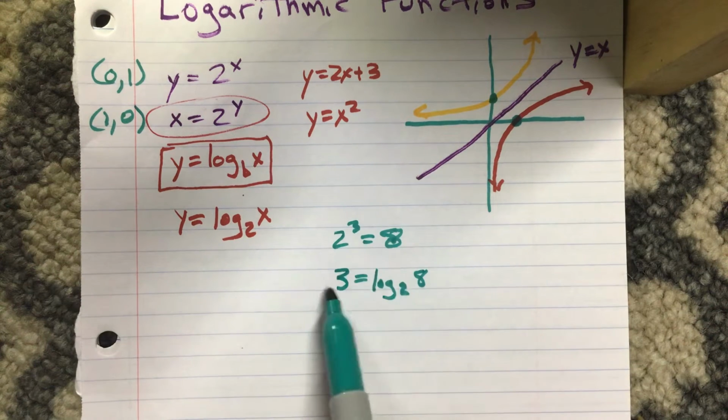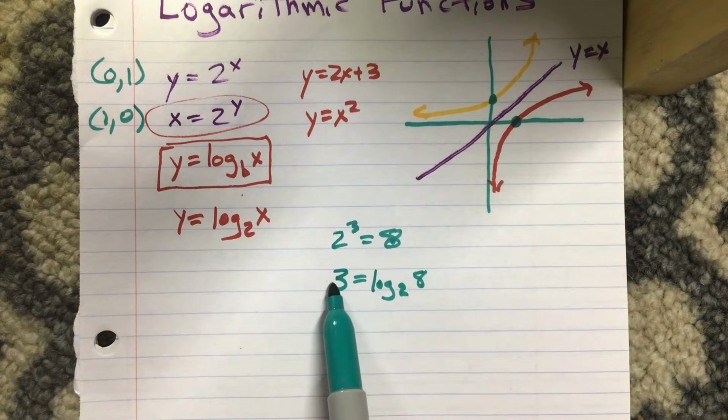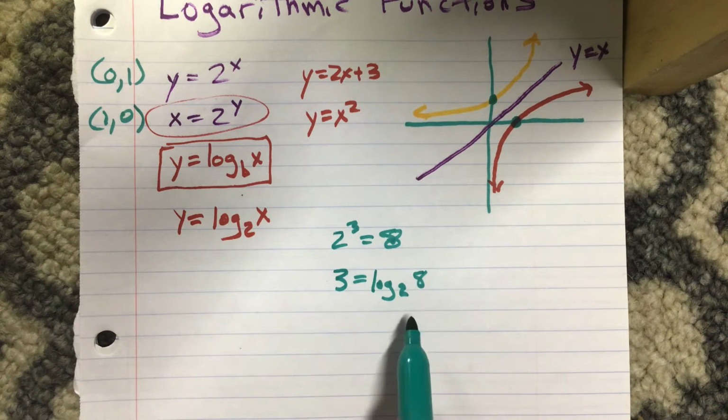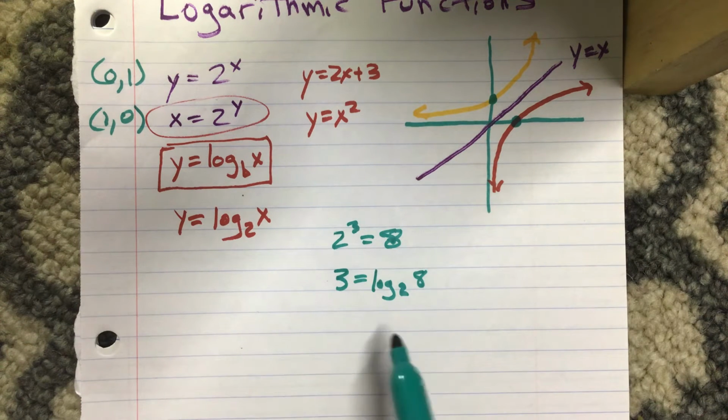So this is what it would look like. This is exponential form. This is logarithmic form, saying the same thing, but we read it as base 2 to the third power equals 8. You're going to be asked to go from exponential to logarithmic and vice versa.